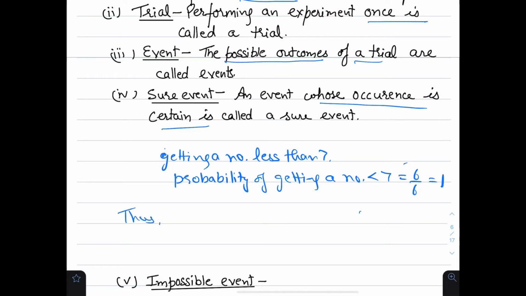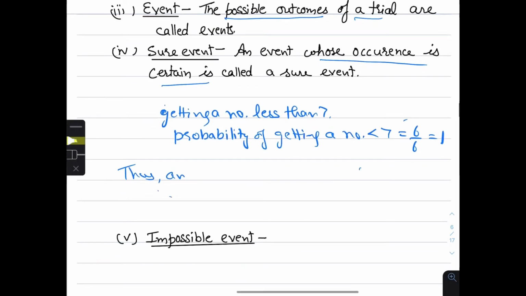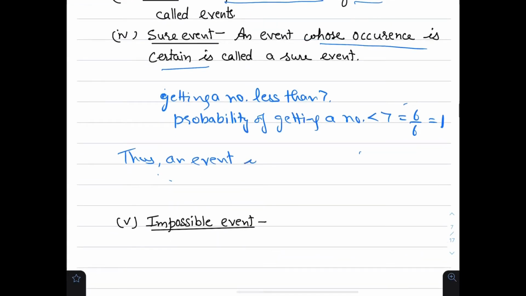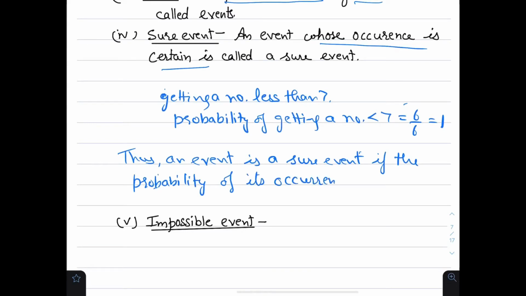Thus, an event is a sure event if the probability of its occurrence is 1.